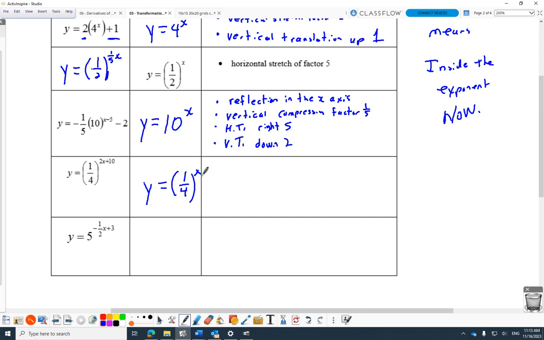I will keep going until I get through to you that the x has to be isolated for this transformation stuff to be correct. It's not a horizontal translation of 10. So I know it looks like there's 3 transformations, but you have to ignore the base.